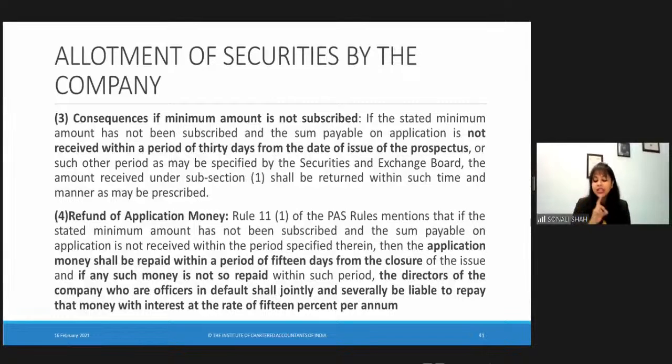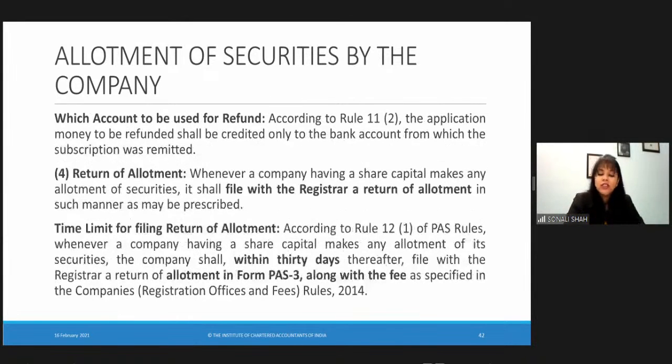And if this money is not repaid, the directors and the officer in default will be jointly and severally liable to repay the money with interest at the rate of 15%. So they will not just have to return the application money, they will also have to pay interest on that amount from the expiry of 15 days. So within a period of 15 days, that amount has to be repaid.